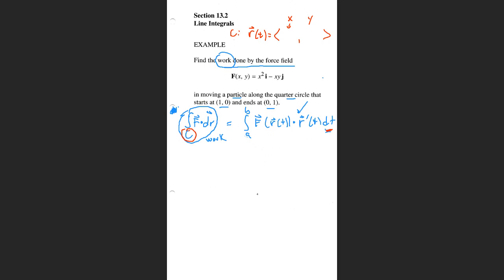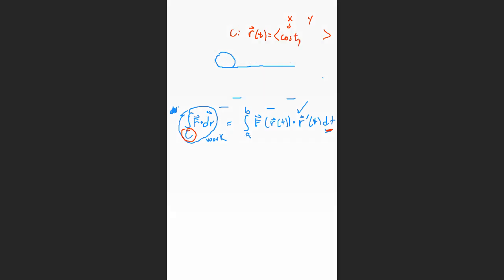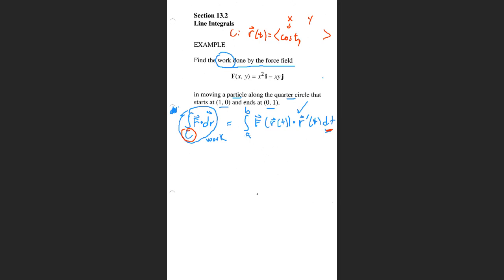All right, that's right, Lexi. x would be cosine of t, because it obviously has radius 1. What would y equal? Good. That's right, Lexi. That would equal sine of t.